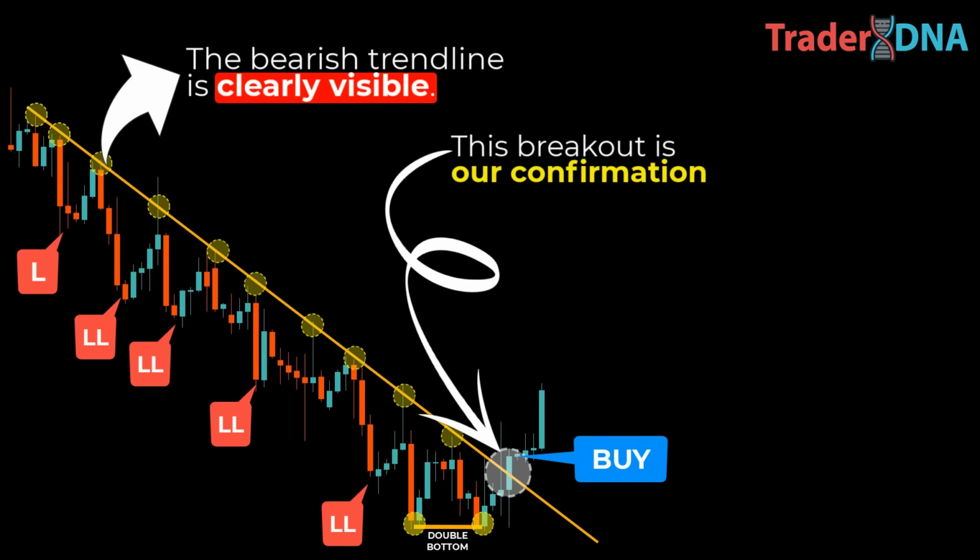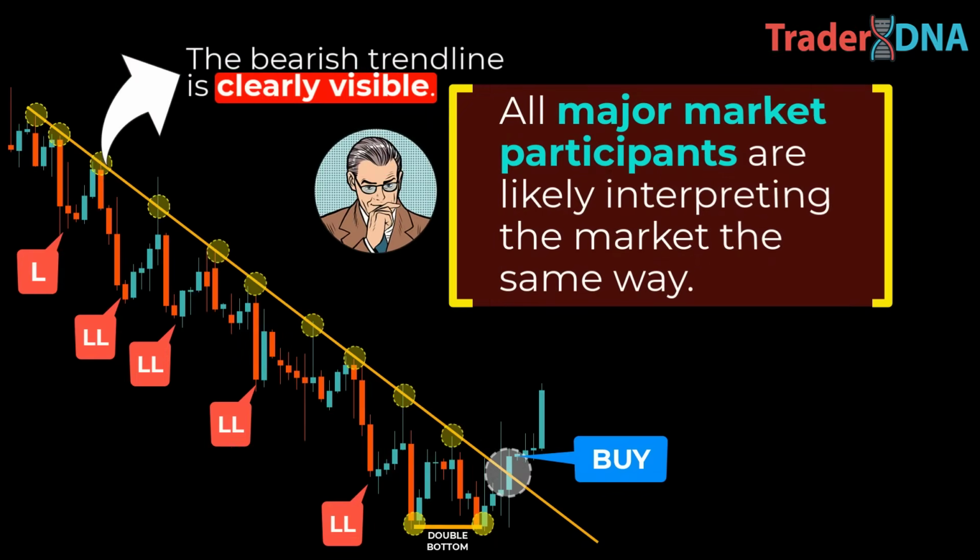Why does this matter so much? Because a clear trend line is not just a visual aid for you, it's a key reference point for every professional trader, bank trader, and institutional investor analysing the same chart. When the trend line is obvious and well formed, it means all major market participants are likely interpreting the market the same way. That shared understanding is what gives this setup its power.